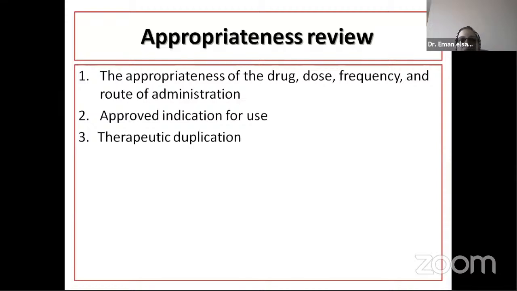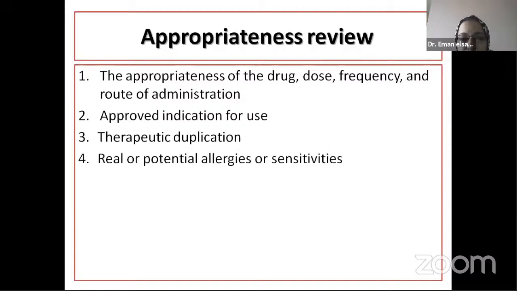Maybe we can see two medications like clopidogrel and aspirin, both antiplatelets, written at the same time. Is this indicated or not? Is this meant by the physician or not? What is the indication? Or it should not be written for this patient, like enoxaparin and heparin, which could not be prescribed together at all.